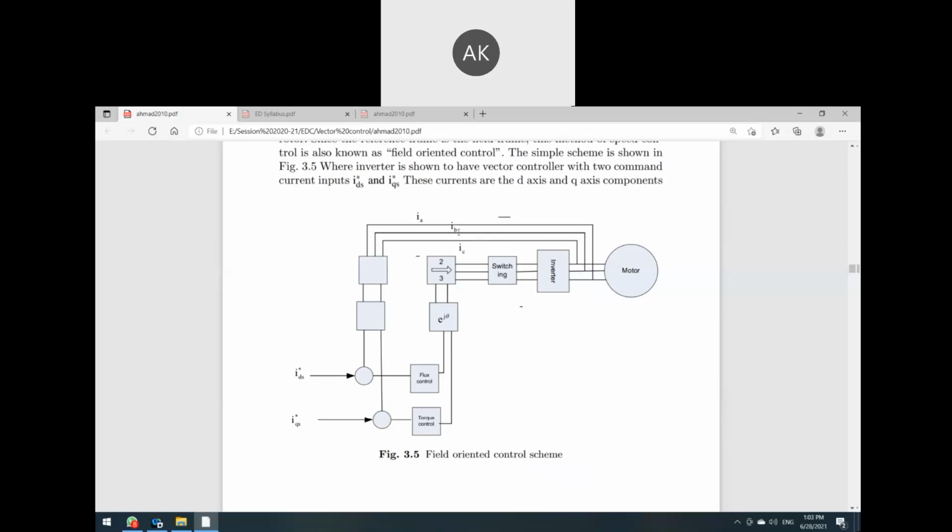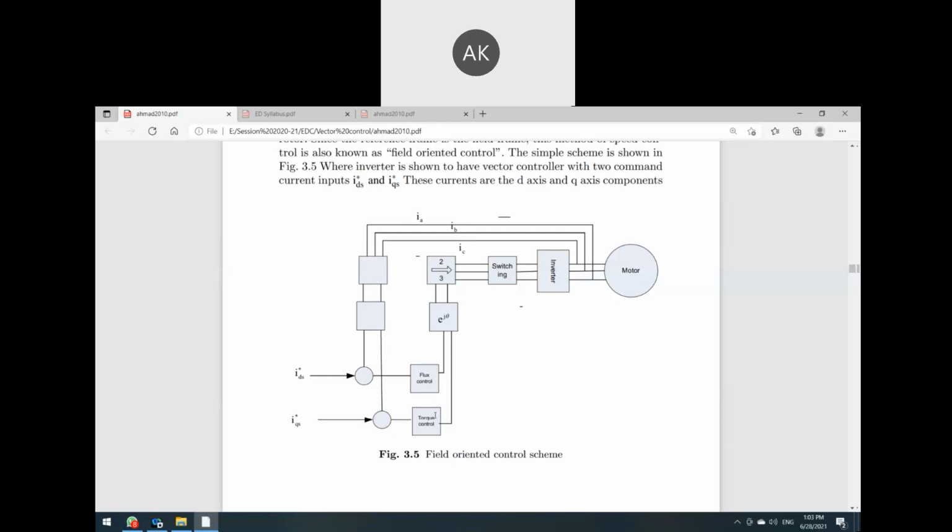This block is ABC to DQ, and this DQ current is compared with the reference currents IDS and IQS, and the error signal is used to control the flux and torque.